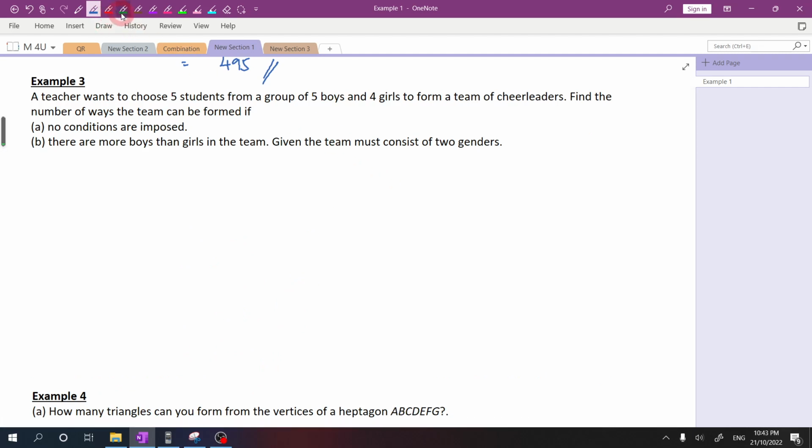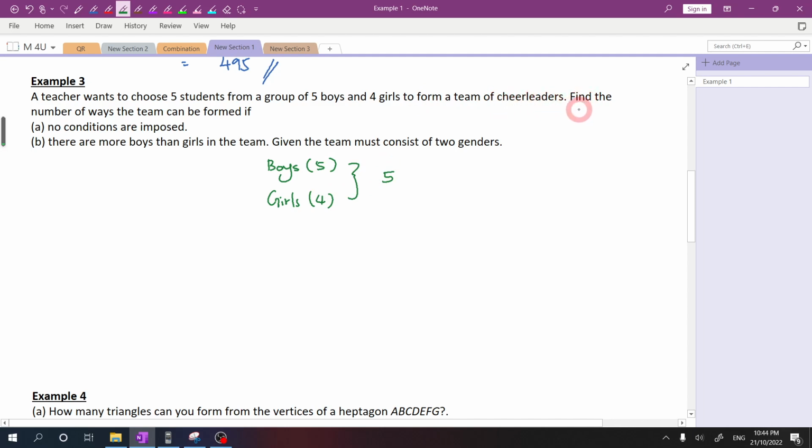Okay, now let's look at quick example number 3. A teacher wants to choose 5 students from a group of 5 boys and 4 girls to form a team of cheerleaders.